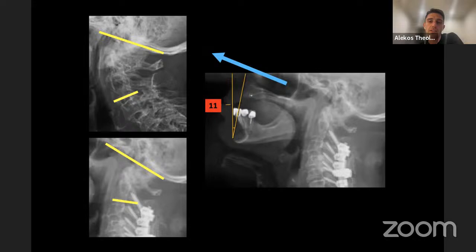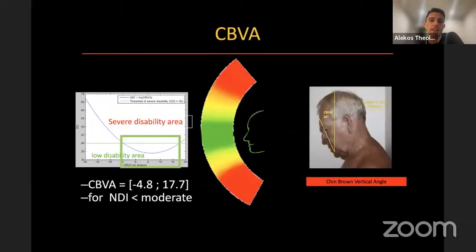And you can see here, looking at the CBVA, about 10 degrees. And when I saw these x-rays and even saw her in bed, I thought, ooh, she may not be too happy with that. She liked the position of her neck, but the problem was she couldn't see the ground. Many studies have demonstrated that an ideal CBVA is better to look down, not too down, but it's definitely not ideal to be looking up because you can't see your feet and you're going to trip on curbs and miss steps, and it can cause a lot of issues.